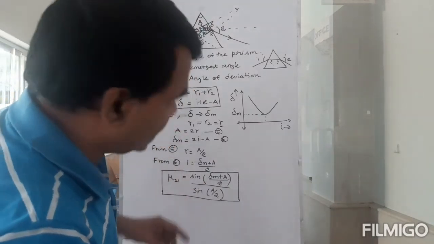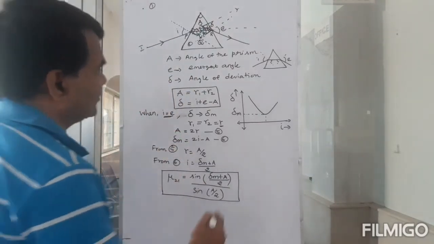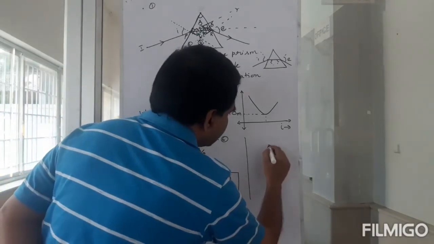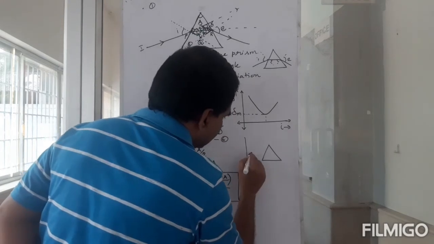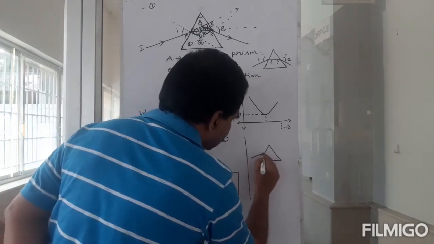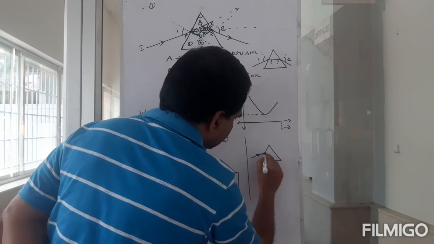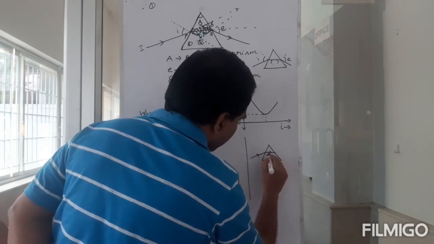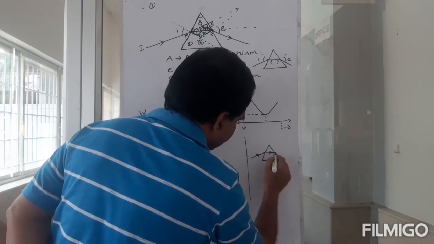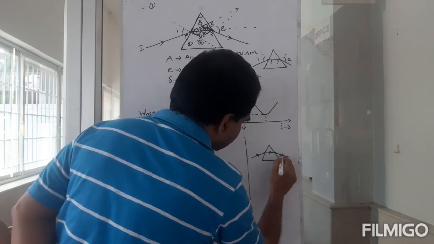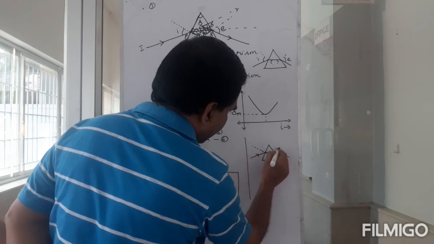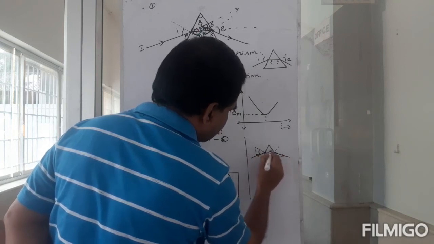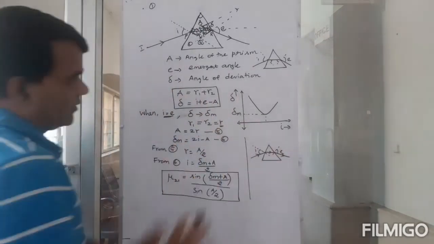Let me try to do it here again. So this is my prism. So let's say this is the position, this is the point for which I get I is equal to E. So I get that.